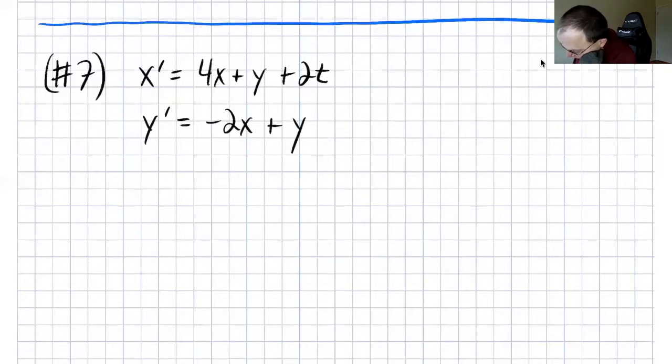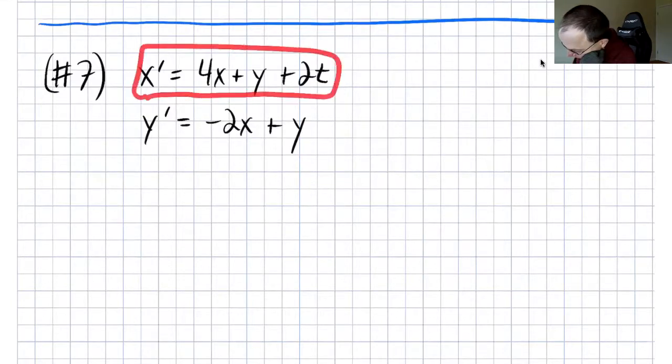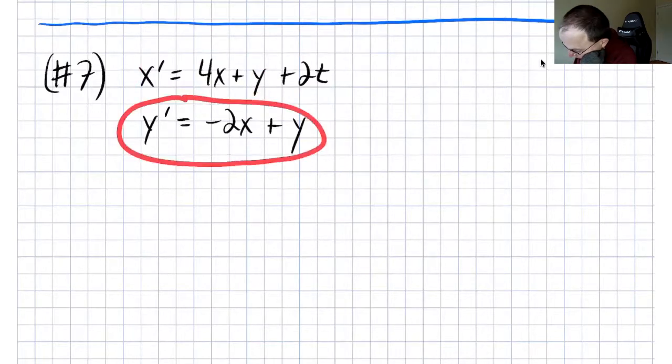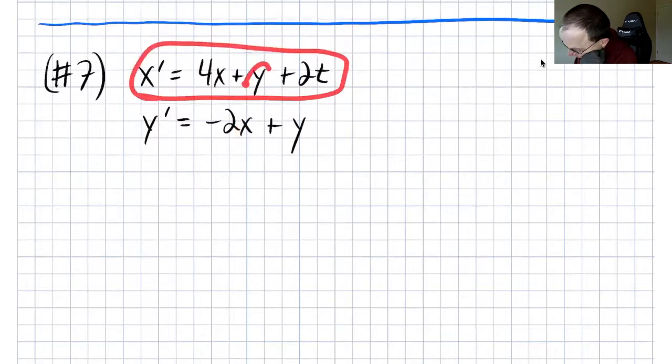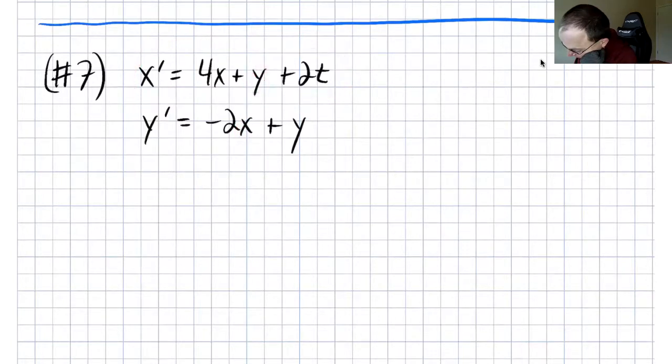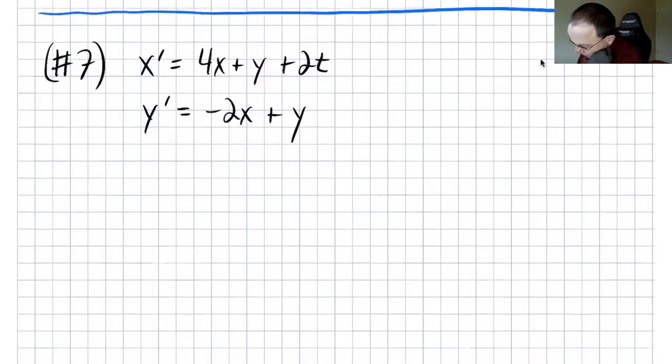So we could either solve this first equation here for y, or we could solve the second equation here for x. So let's go back and solve this first equation here for y. That actually looks quite easy because y is just there. We just move everything over to one side.